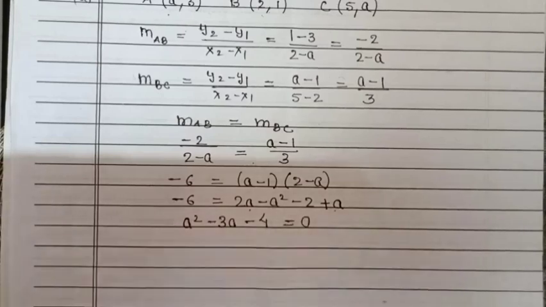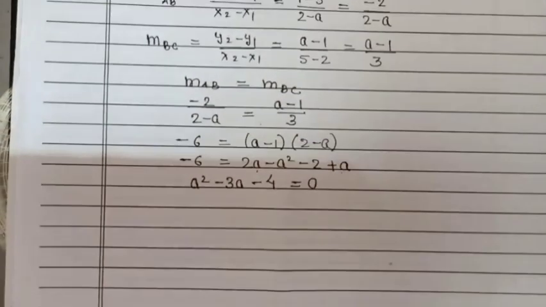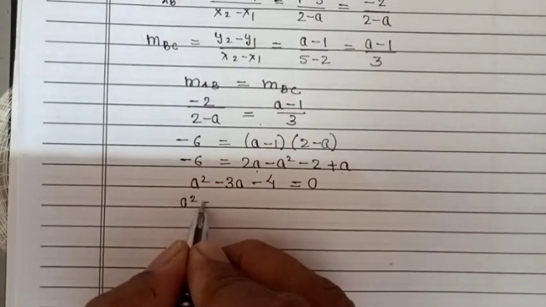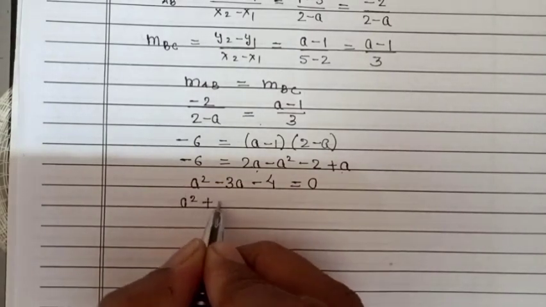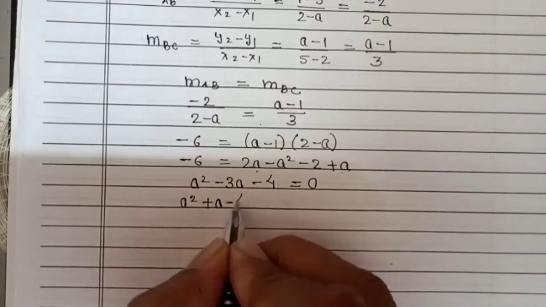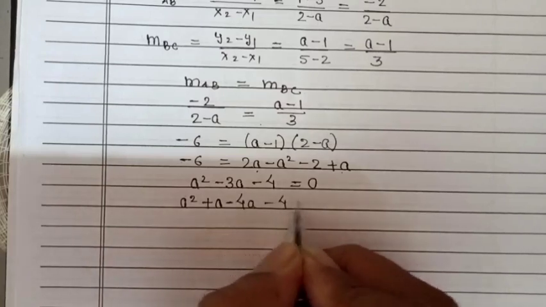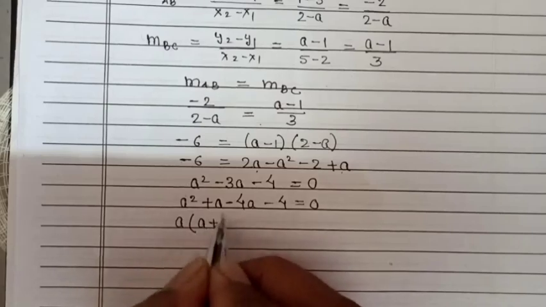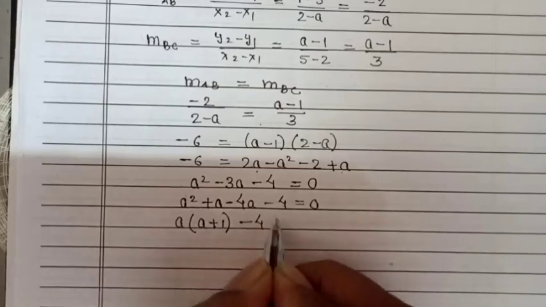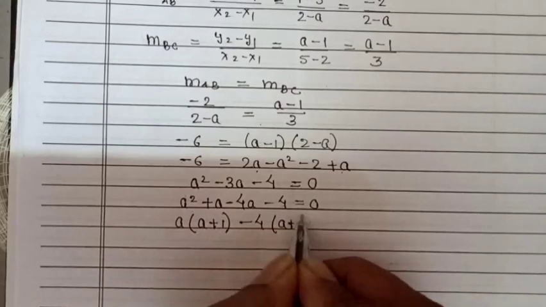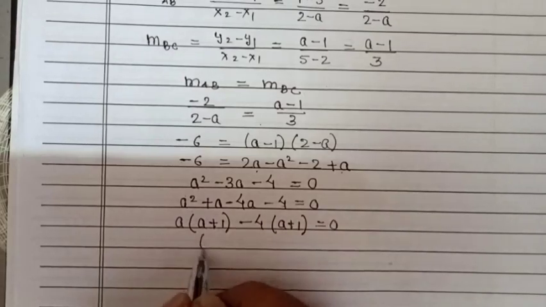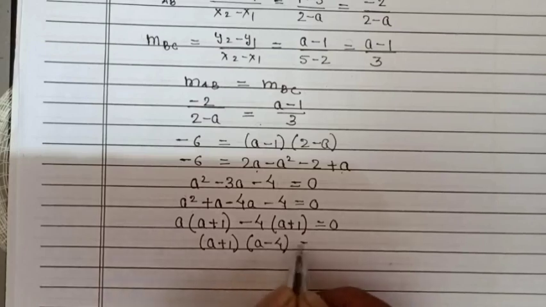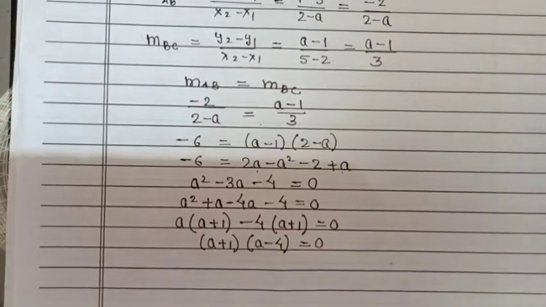So finally you will get a quadratic equation. Now when you factorize this one, you will split the middle term, so it will be plus a minus 4a, a plus 1. This will give you minus 4 common, so a plus 1. So you are getting these two factors.